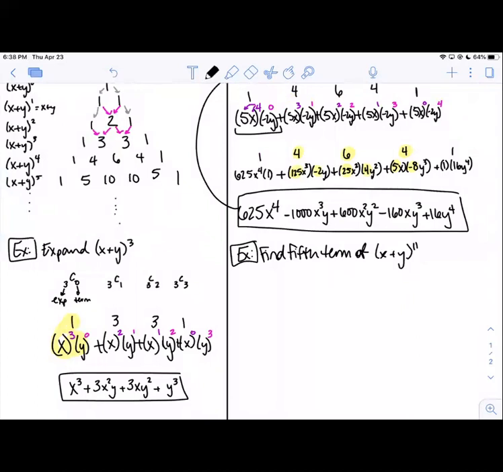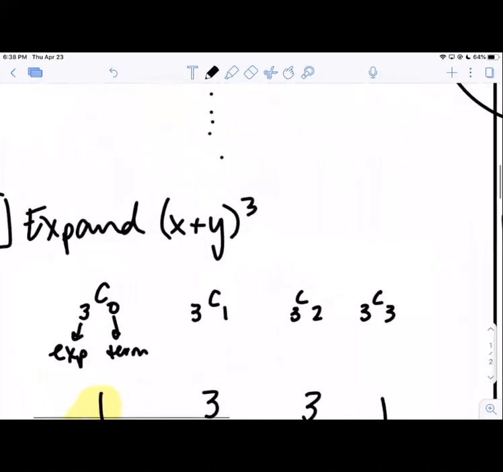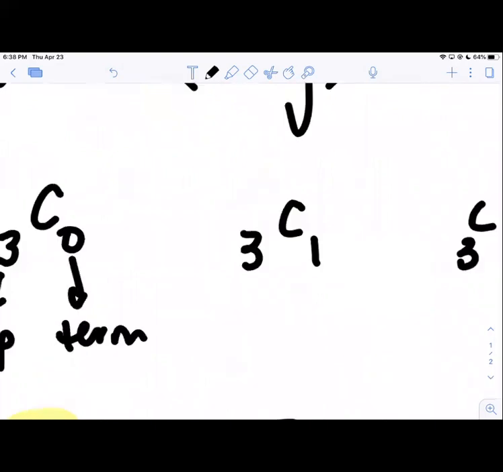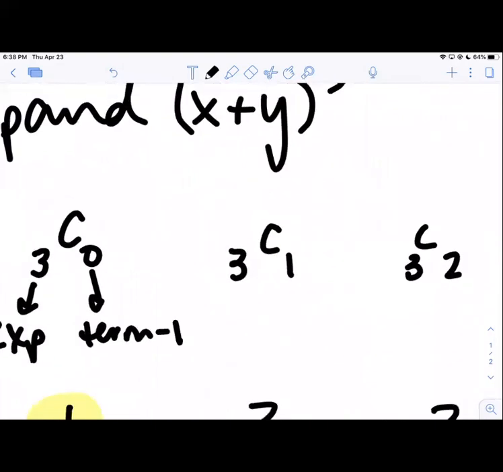All right, if we go back to the beginning and kind of look at some common patterns that we see, like on this first one, we did x plus y to the third. It's your exponent, and then it's like the term that you're in. I guess we can think of that more specifically as term minus one, because there's technically no zero term, so I apologize for that nonsense I said earlier. So whatever term number I give you, it's minus one.